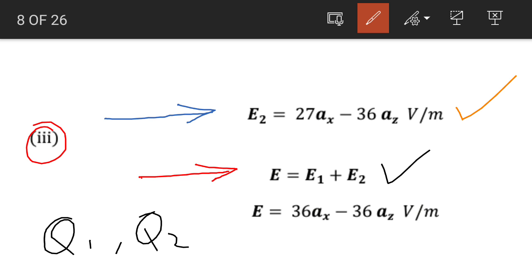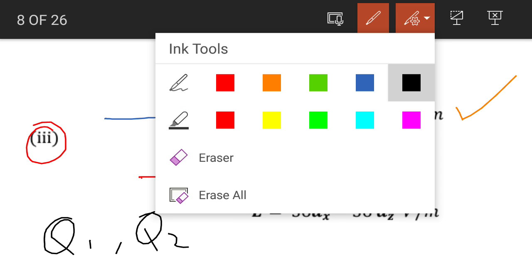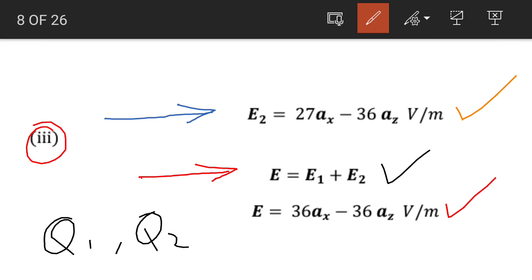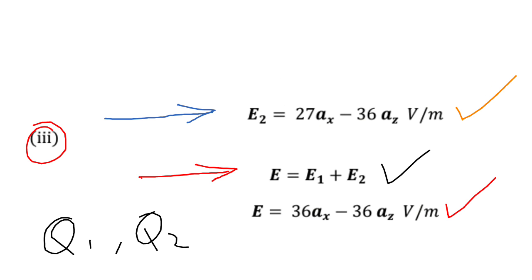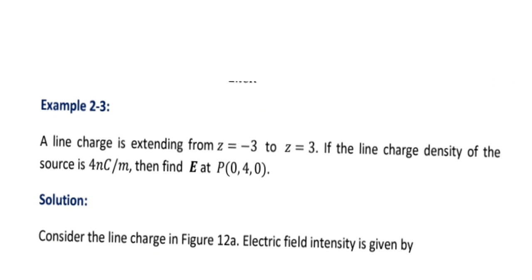The addition of E1 and E2 results in the total intensity. So the total intensity at the mentioned point is 36ax minus 36az volt per meter. So this was example number 2.